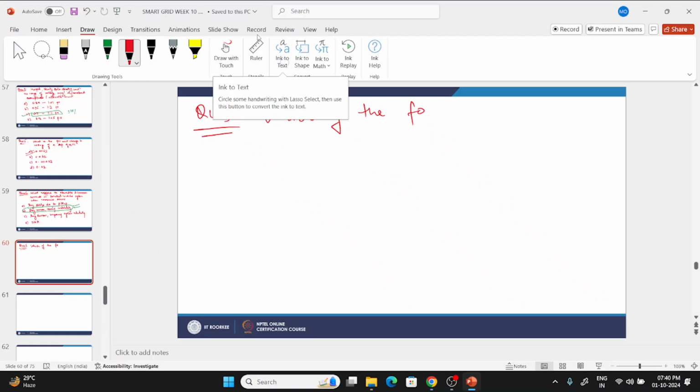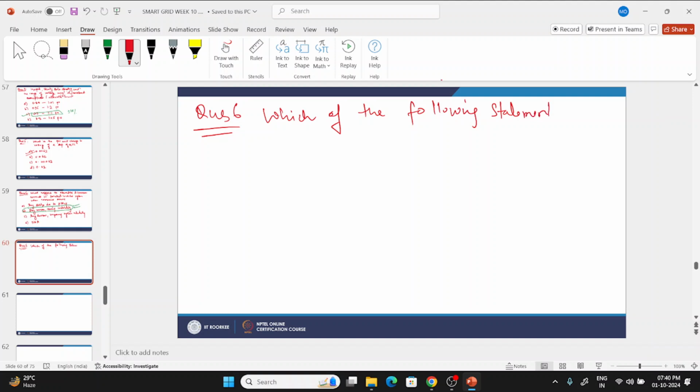Which of the following statements are correct regarding interactive current?